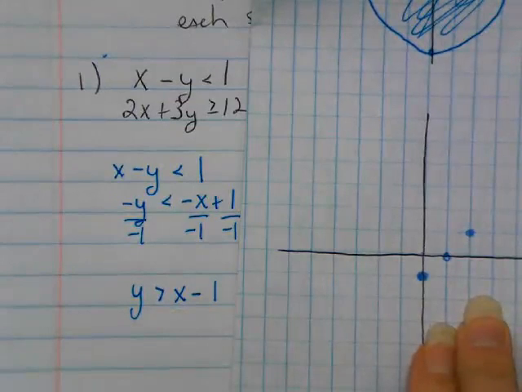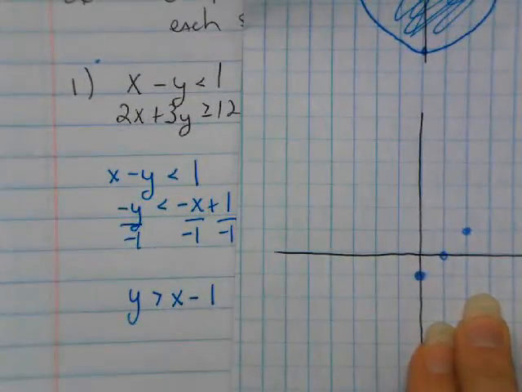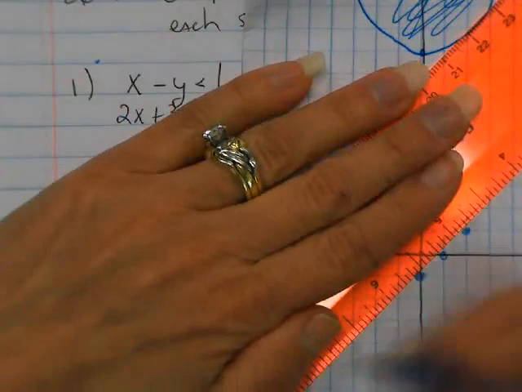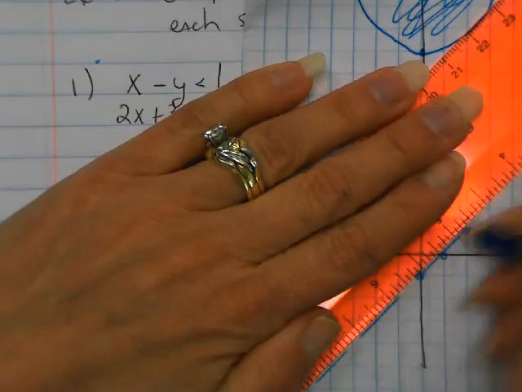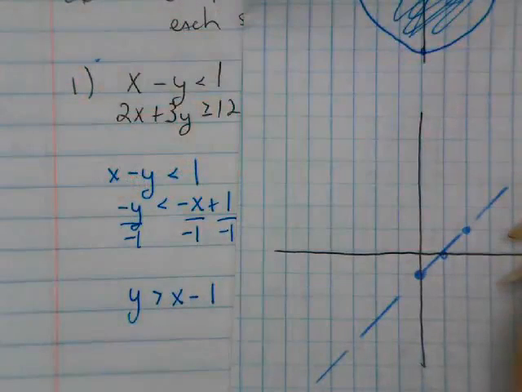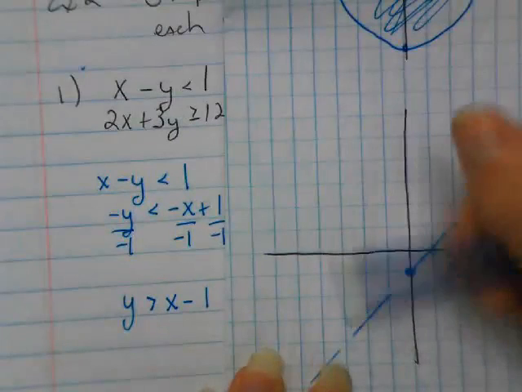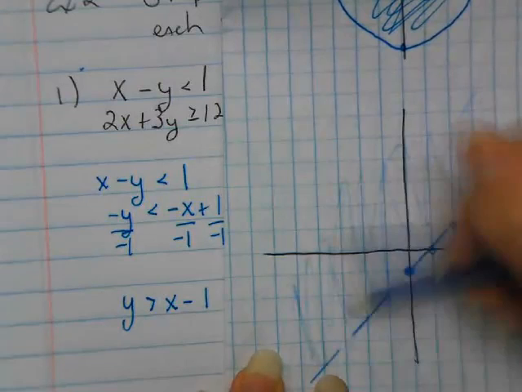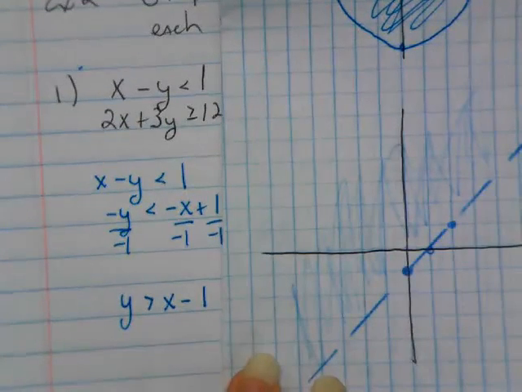Now, dotted line or solid line. This is a greater than. Let's do a dotted line. Shading above or below. Since it's greater than, I'm going to shade above. And I want you to shade lightly. Okay? Just enough for you to see it, but not to be super noticeable.